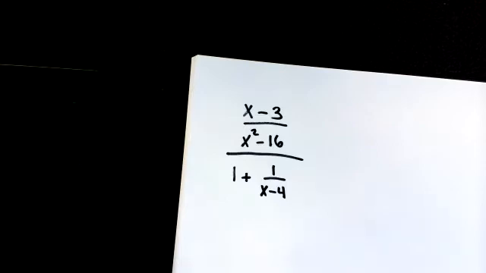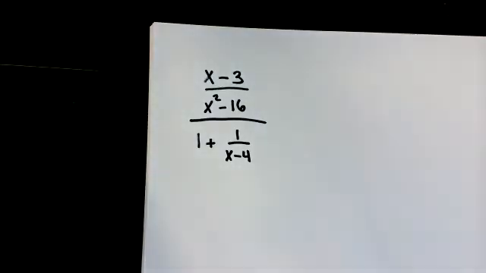All right. This is all kinds of ridiculous. So we've got x minus 3 over x squared minus 16 over 1 plus 1 over x minus 4. Gross. All right.